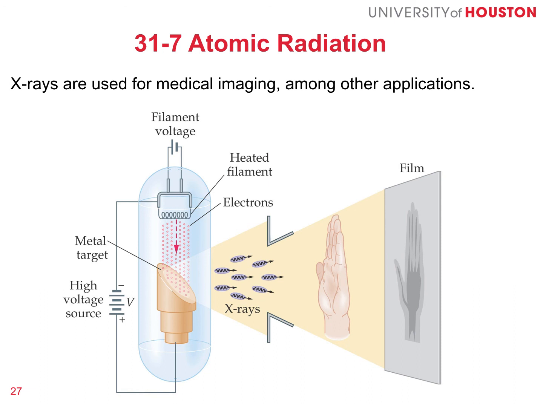We produce them by having a circuit with a voltage that has a heated filament. This emits electrons, and electrons are emitted in a very, very high electric field region. The electrons then smash into a piece of metal, and the X-rays are emitted towards the right.